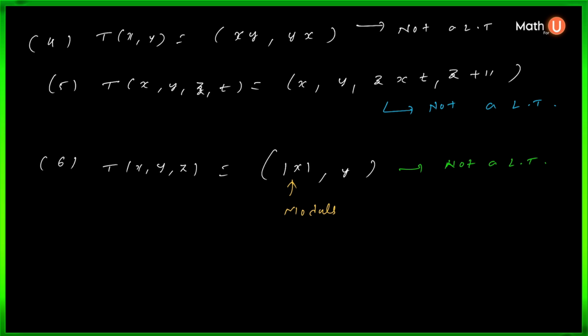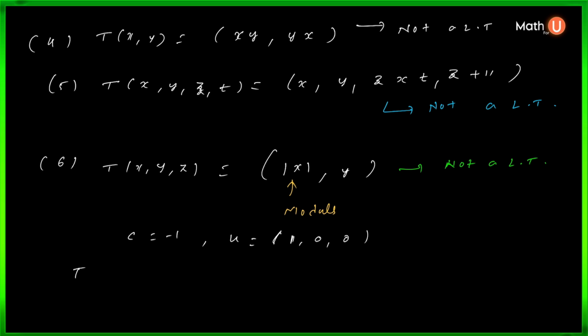Suppose I consider c is equal to -1, any scalar. If I consider the vector u in the form (x, y, z), then I will consider (1, 0, 0). Right, I will consider like this.